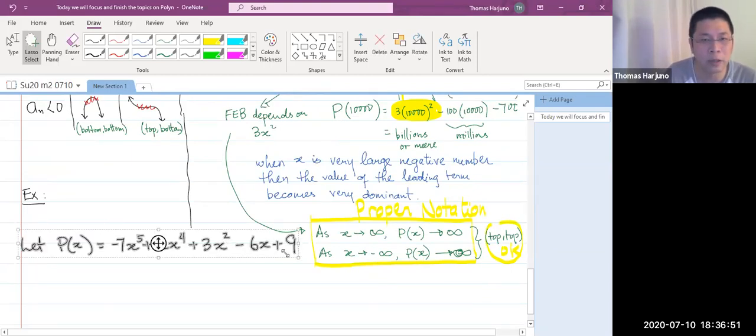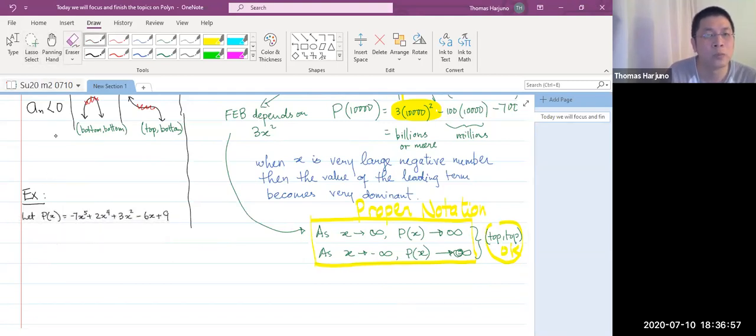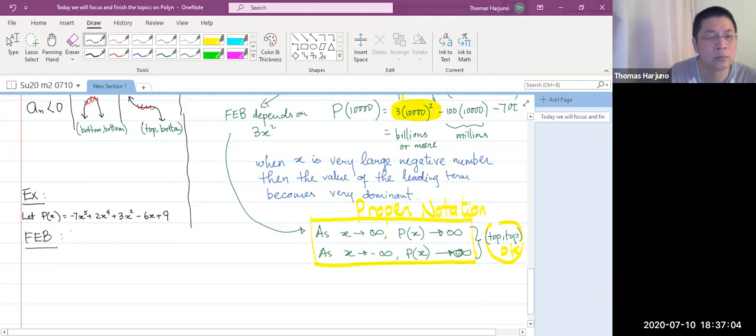This time a little smaller. Okay, then the far end's behavior will be, notice that the degree is 5, which is odd, and the leading coefficient is negative.